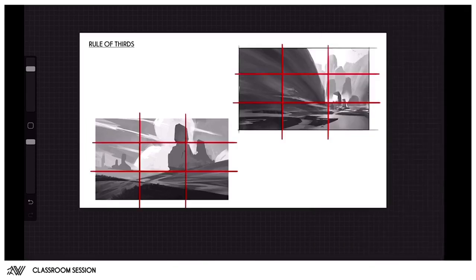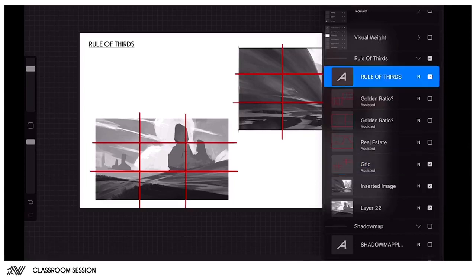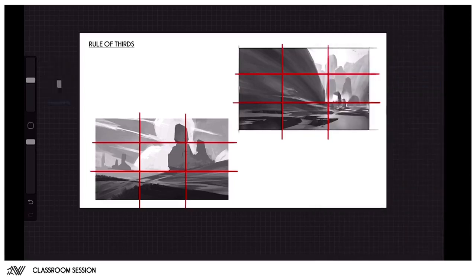What the rule of thirds basically means is that you have your canvas and you divide it into 3 equal parts, whether that's horizontally or vertically. You have your 1, 2, 3 and your 1, 2, 3, right? So you have 3 equal parts for each canvas.